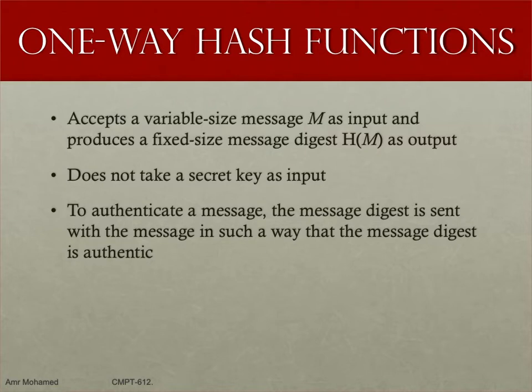It does not take a secret key. It does not take any key. This is the problem. So it cannot be used for authenticating the sender, authenticating the other party. It can only be used as a digital signature, just to preserve the integrity. CRC, theoretically speaking, is considered a hash function.